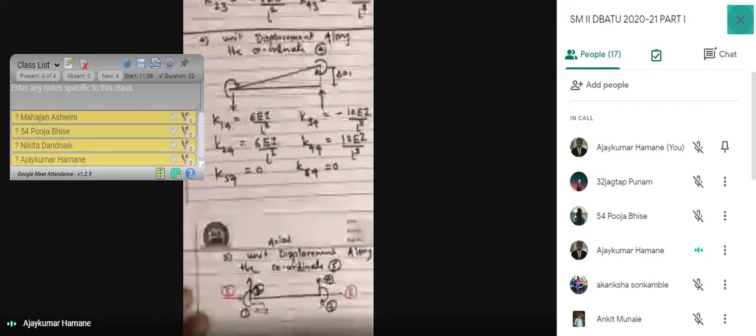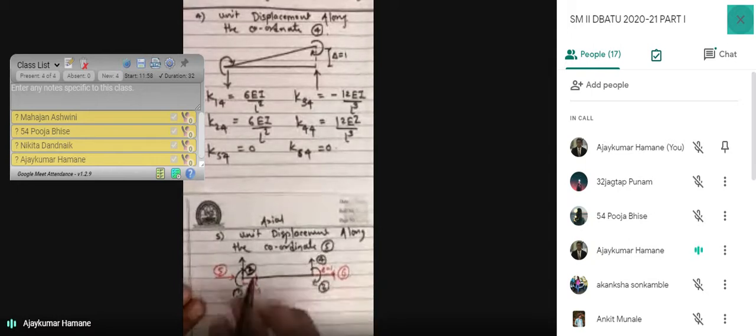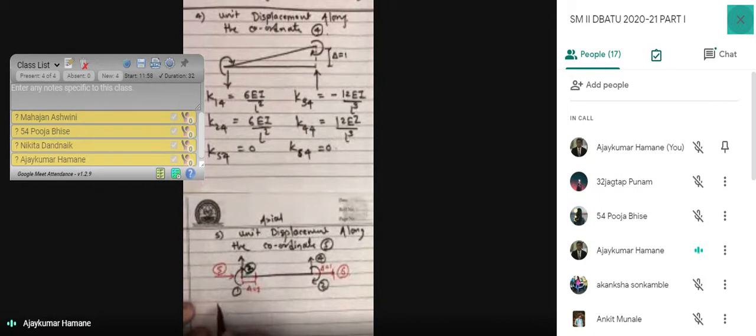Correct? So this also will move like this. So when we have axial displacement, there is no moment generated. So K15 equals 0, K25 equals 0, K35 equals 0, K45 equals 0. Now K55. When unit displacement is along the coordinate 5, what is the force developed at 5?